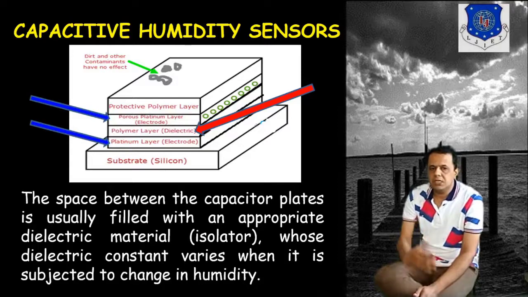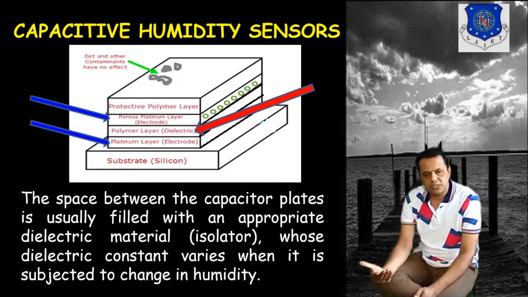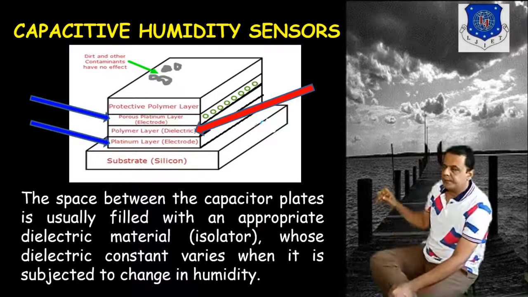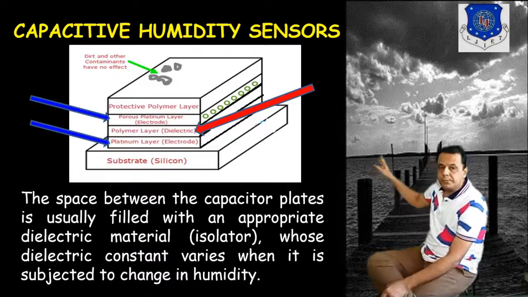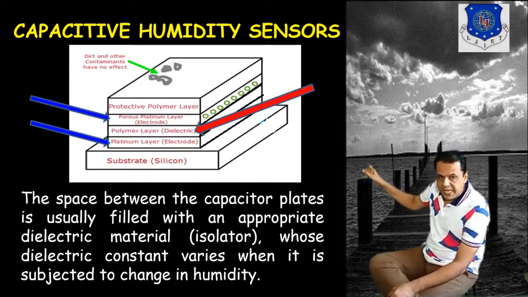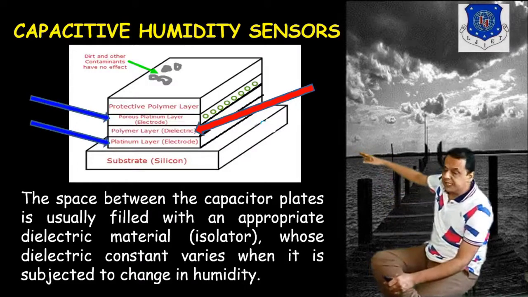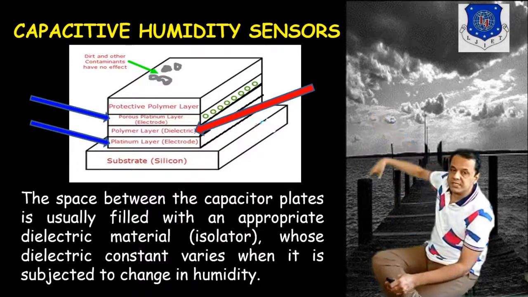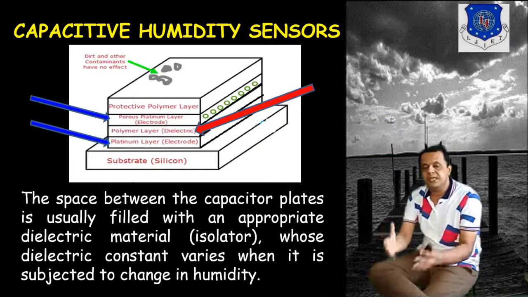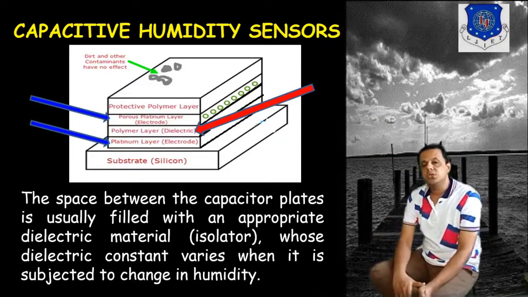Here you can see 4 layers. One is the protective polymer layer, then the polymer layer for the dielectric, and as an electrode above the dielectric, electrode layers are given, and for the base substrate silicon will be used.